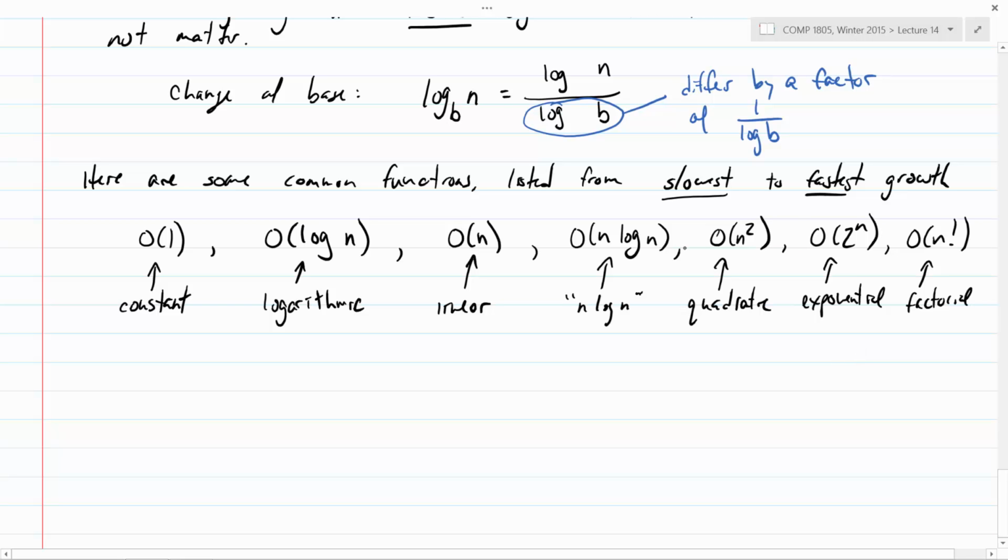There's n log squared n, n log cubed n between here. There's n log n here. There's log squared n here, and there's log n here, just as an example. So there's tons and tons, infinitely many functions between any two of these. And in fact, there are infinitely many before here, before the big O of 1, but that doesn't usually come up when you're analyzing algorithms, at least not the runtimes.